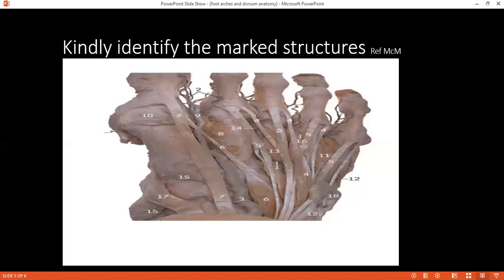If you can please identify 6 here. Extensor hallucis brevis. Very good. Okay, and if you can identify 12 here at the bottom on the right hand side. Peroneus tertius. Yes, very good. Would you be able to identify tibialis anterior here? Which number would that be?